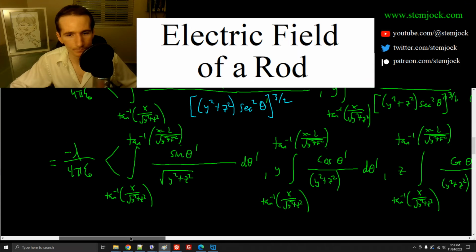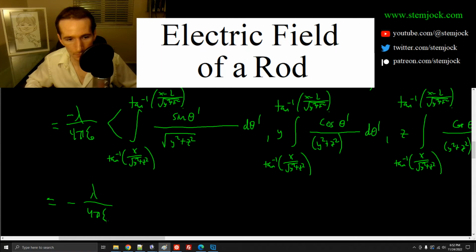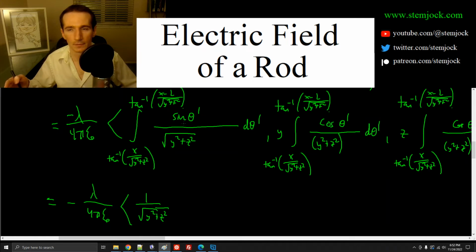Okay. So this quantity here, y squared plus z squared, is a constant, so I can pull it out in front. So this is negative lambda over 4 pi epsilon 0. And now the antiderivative, so this is going to be 1 over square root y squared plus z squared. Now the antiderivative of sine theta is negative cosine.